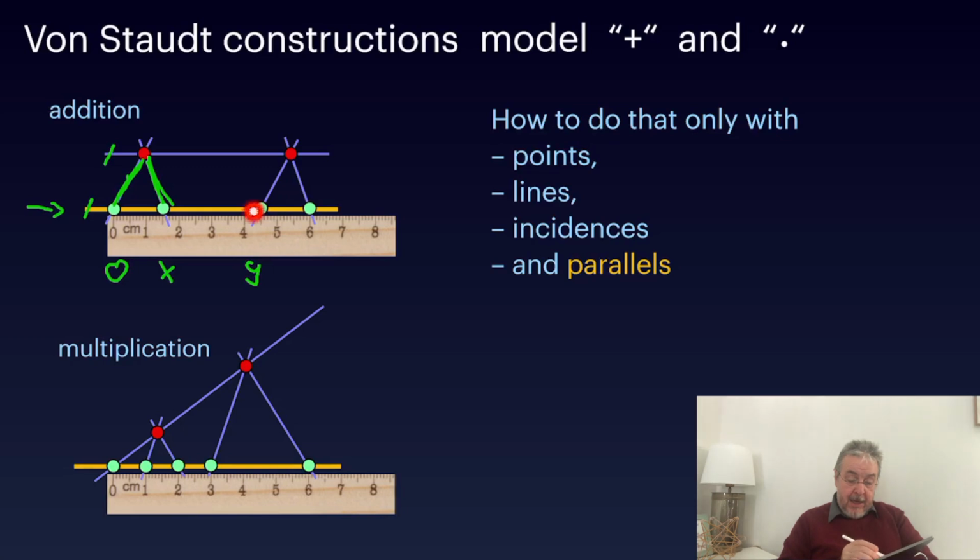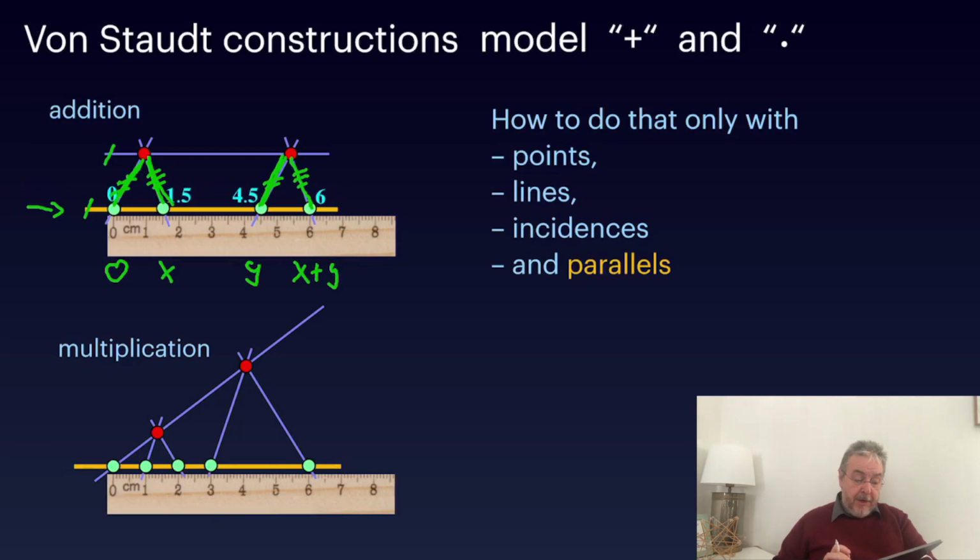Take the point y and construct a parallel through that point to this line here, and intersect it with the blue line up here. And from there, draw a parallel to the other line, and you will end up at a point with coordinates x plus y.